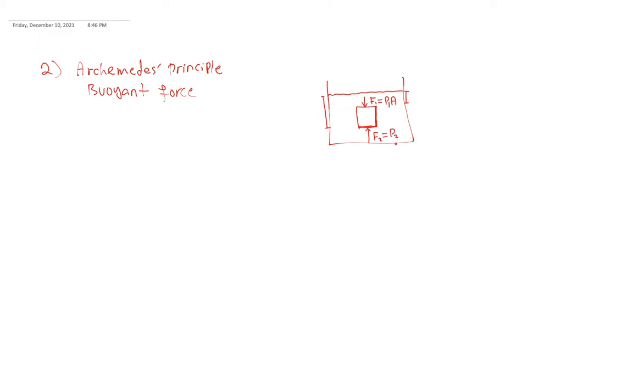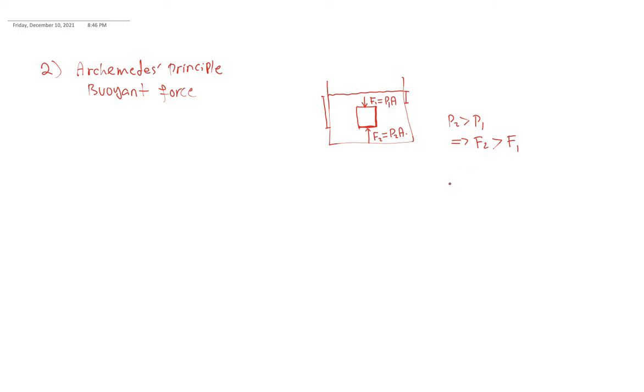Now because I have assumed that this is a cube, each face has the same area, so this area will also be A. Okay, so we see that because P2 is larger than P1, it follows that F2 is larger than F1 in magnitude.